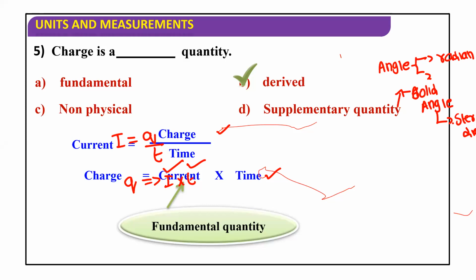Hence, charge on a body is a derived quantity. Got it?